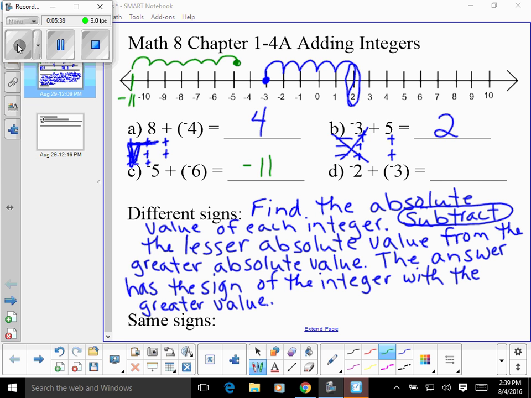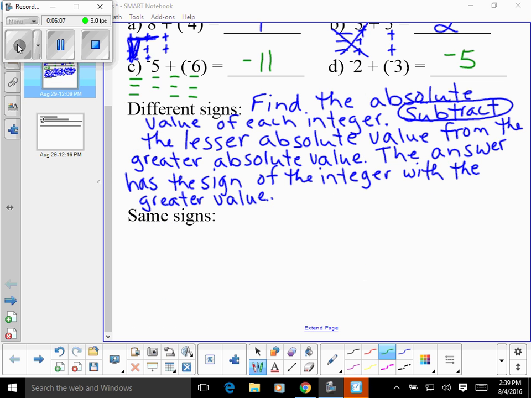Another way to think of it is you've got 5 negatives. 1, 2, 3, 4, 5. You've got 6 more negatives. 1, 2, 3, 4, 5, 6. What do you have? All I have is negatives, so therefore it's -11. So with D, -2 plus -3, can you figure it out? Sure, it's -5. So how do we handle that for a rule?